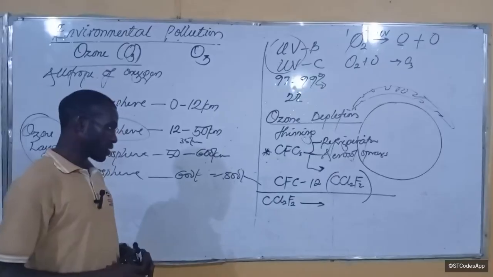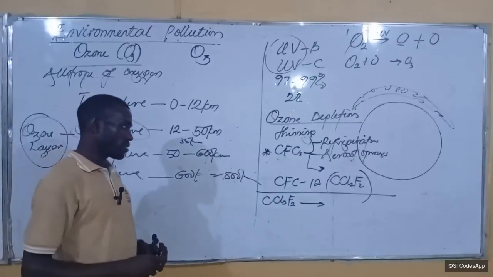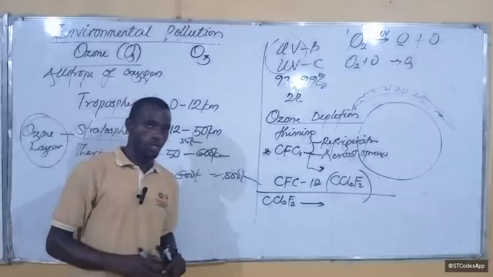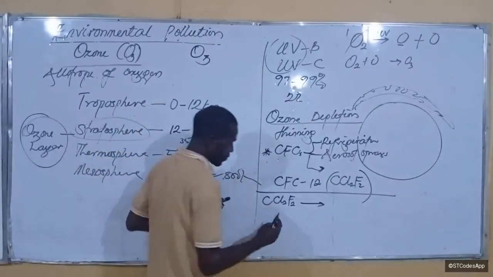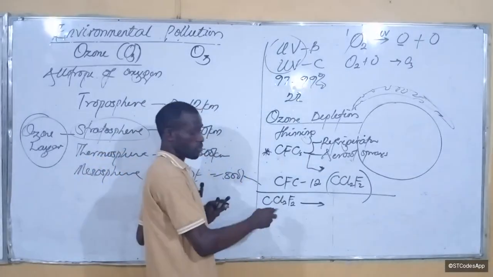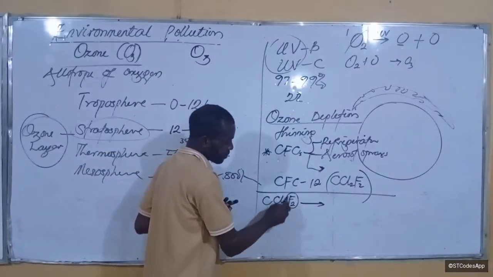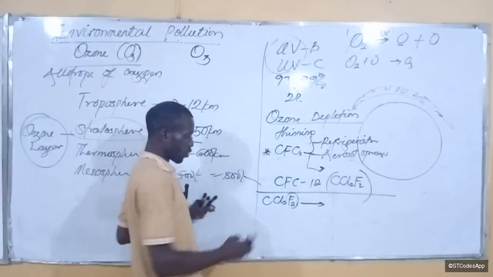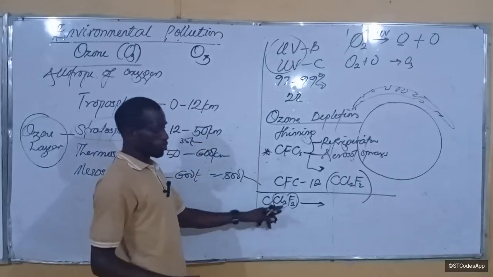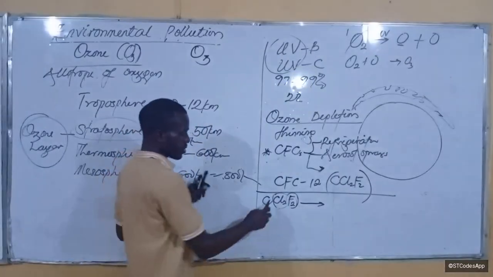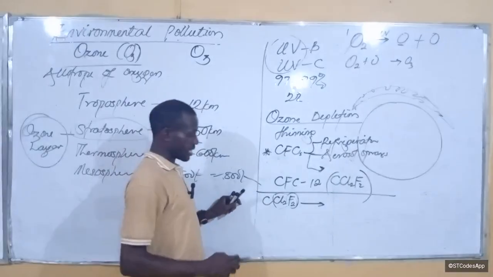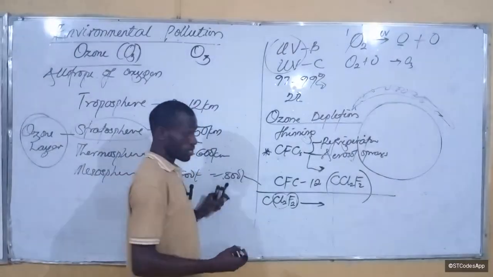Actually, is that heterolytic? That will be homolytic fission, within the same molecule. It will be the bond between C and Cl, the C and Cl bond, that will be broken.